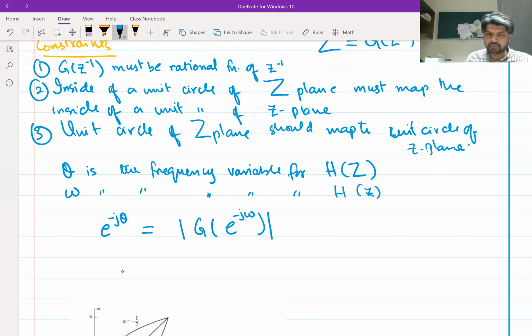Remember, the transformation is g of z inverse, so capital Z inverse, that is e to the power minus j theta, must be replaced by small z inverse, e to the power minus j omega. So this is the transformation.